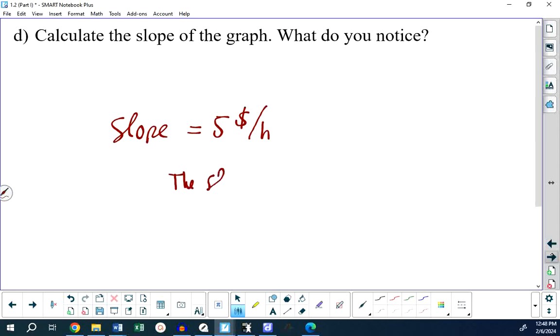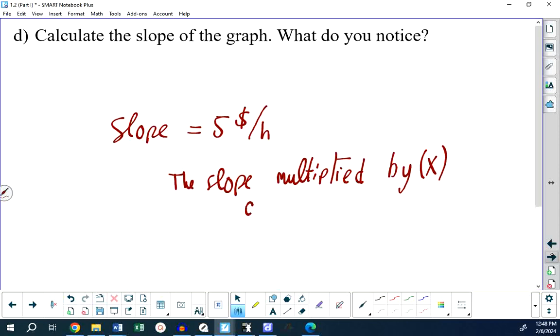The slope multiplied by x gives us y. When you multiply x by the slope, you get y.